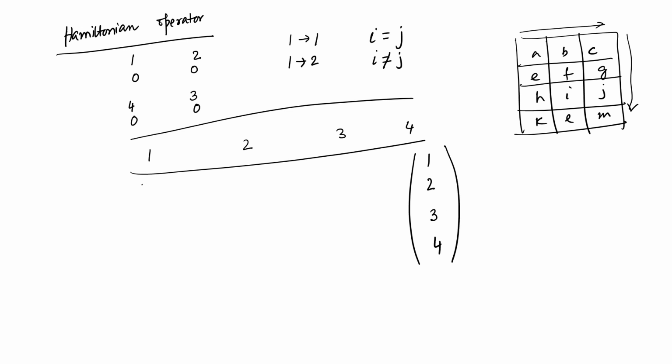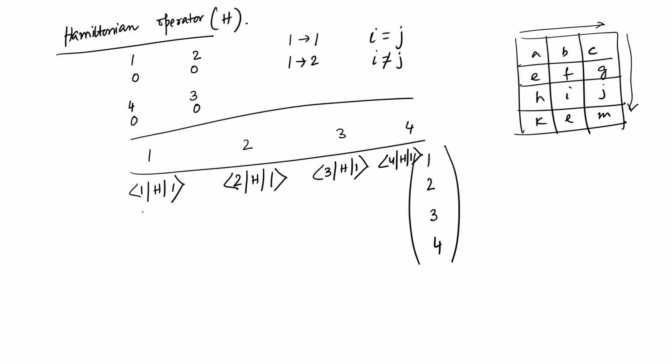So, we have this <1|H|1>, where the Hamiltonian is written by H, as I said earlier, and then this would be like <1|H|2>, and well, you can write it <1|H|2>, or you can also write it, because you want to consider this as a bra, <2|H|1> and then <3|H|1> and then there is <4|H|1>.